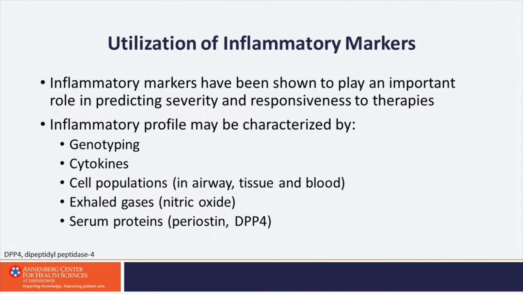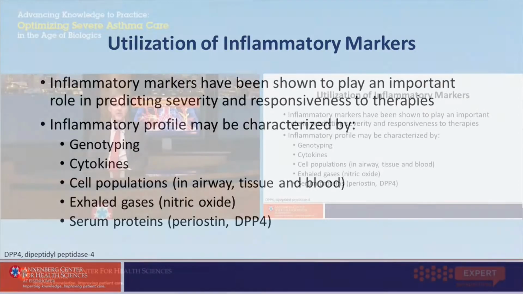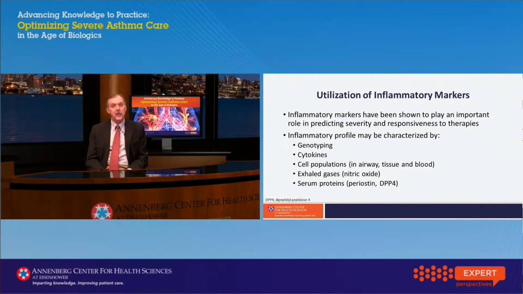We can actually sample cytokines in the blood or in the airway tissue. We can look at cell populations in the airway, in the tissue, and finally in the blood. We can look at a variety of different exhaled gases, but predominantly exhaled nitric oxide. And then finally, we can sample serum proteins, which to date have included periostin and dipeptidyl peptidase 4, also known as DPP4.